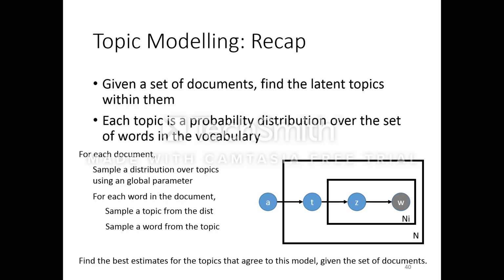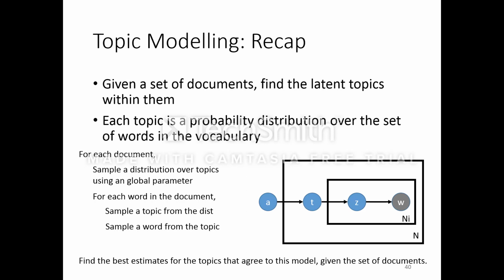Now, we have used a script to generate a document, but documents are not actually generated using the script. What we see is the set of words and the set of documents containing those words. You have seen the documents, so the gray node is what you have observed, and you're trying to estimate the values of the Z and T nodes.